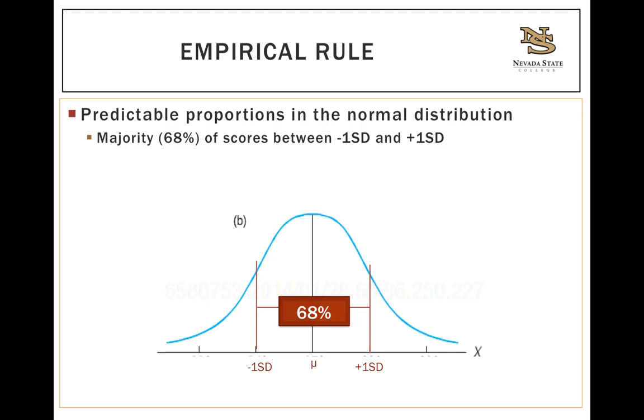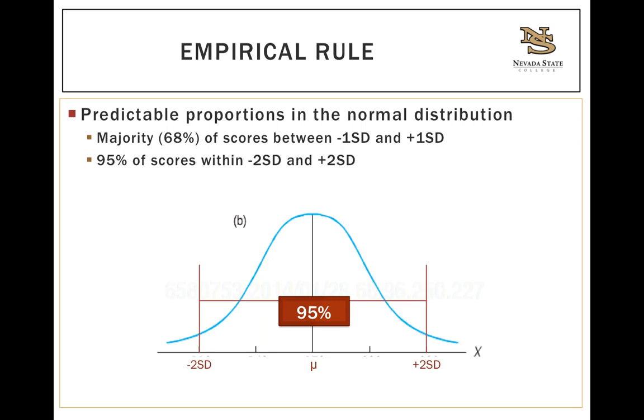Even more amazing is that 95% of your scores are going to fall between 2 standard deviations below your mean. So we have the same mean, but now we're out 2 standard deviations out here and 2 standard deviations out here. 95% of your participants will fall somewhere between those two numbers. Again, it doesn't matter what your standard deviation is.